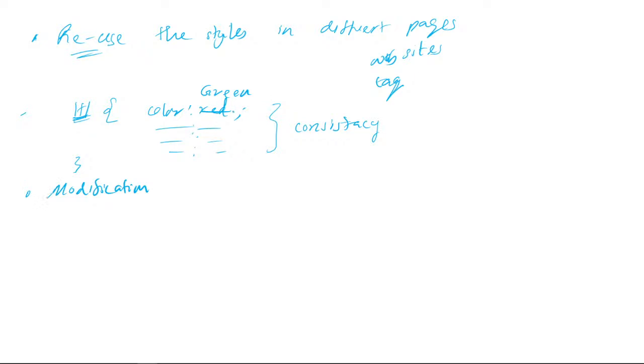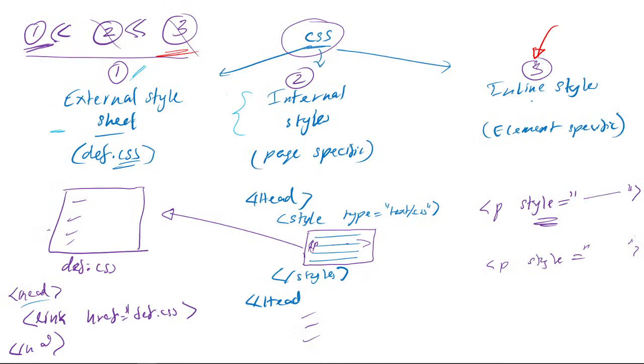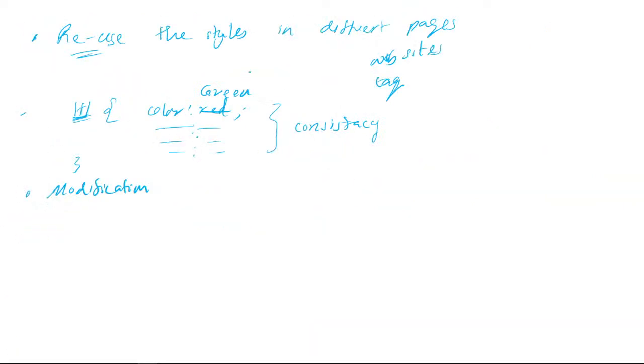Just change one location. If you use the inline style system, you have to go to every location where you made it red, and if you want to make it green, you have to modify every other location. But if you use a style sheet or internal styles, modification is very easy, right? So that's another advantage.